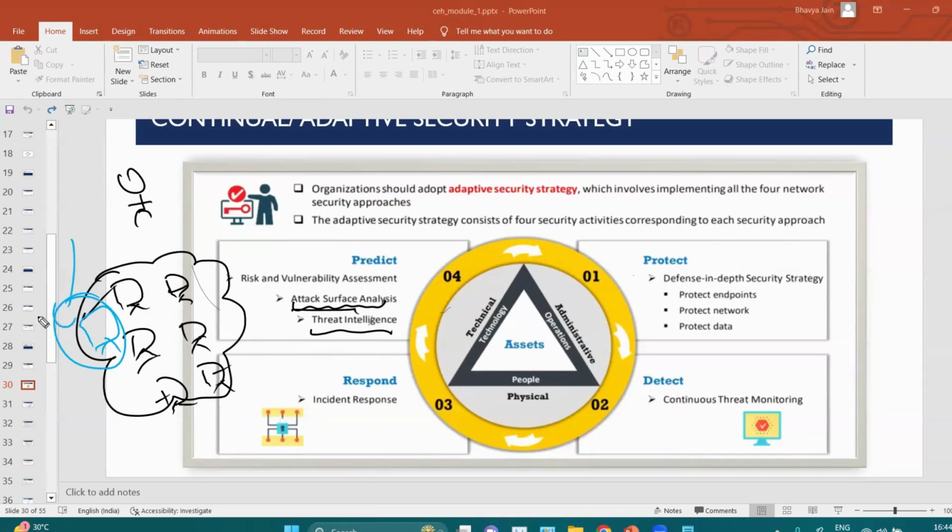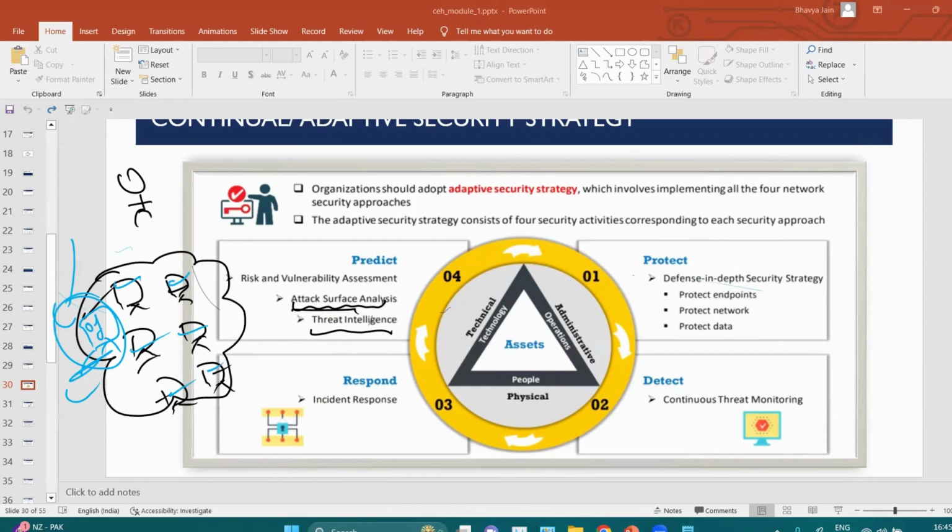Now this is not part of the attack surface, because that device is offline. Or let's say that device is completely off. We can say this is not part of the attack surface, because the attacker cannot attack any off device. So attack surface is what the attacker can attack. Whatever comes under the attack surface, we have to analyze. Then we have threat intelligence.